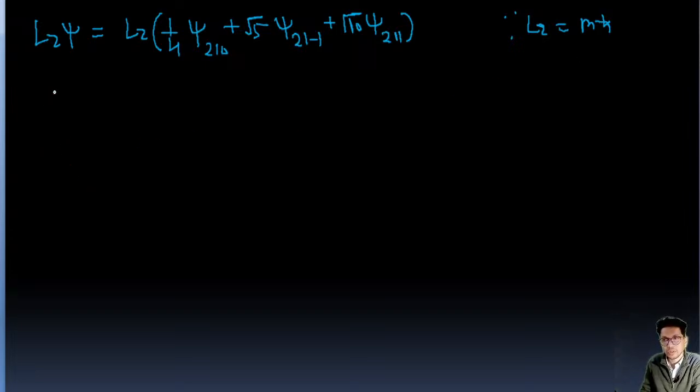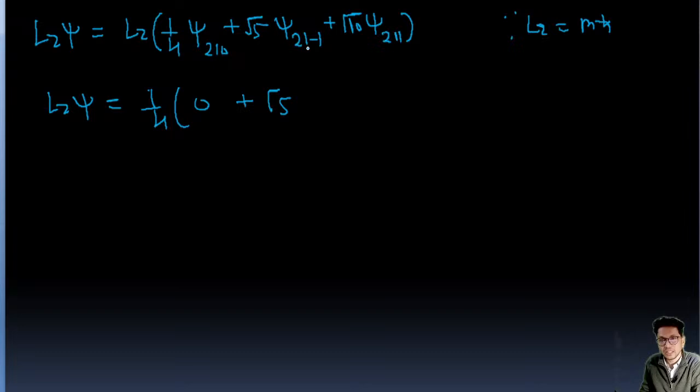So we'll write LZ psi equal to, we'll operate it, so it is going to be 1 by 4. M is 0 here, so this value is going to be 0, plus root 5, and we'll operate with this.